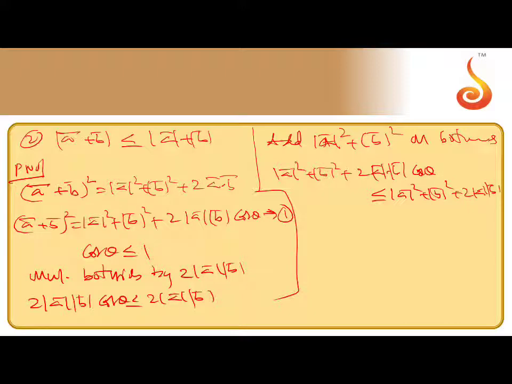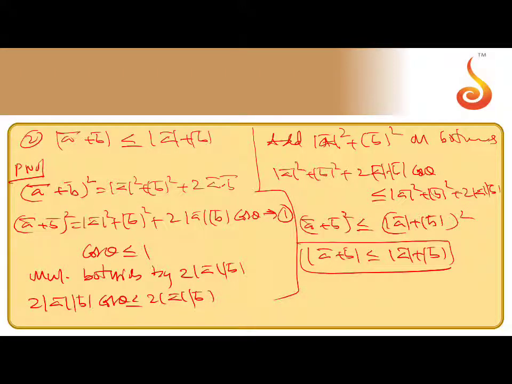The left side, from equation 1, is a bar plus b bar the whole square. The right side, in the form of scalars, is a square plus b square plus 2ab, which is nothing but a plus b whole square, where a is modulus a and b is modulus b. So you can remove the square root on both sides: magnitude of a bar plus b bar is less than or equal to magnitude of a plus magnitude of b.